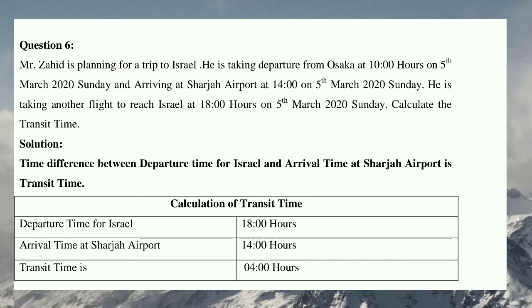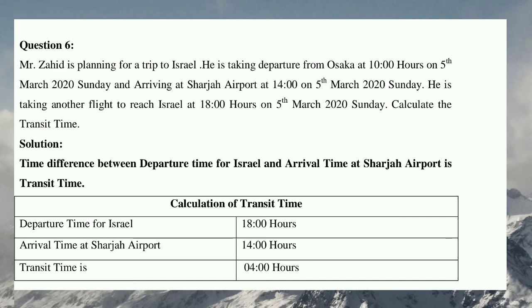Now you have to know the departure time for the next city. The departure time to reach Israel is 18 hours, because our ultimate destination is Israel. That is where we are actually going. So the departure time is 18 hours and the arrival time is 14 hours.